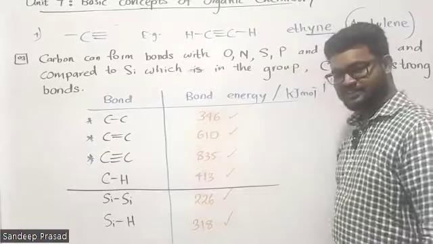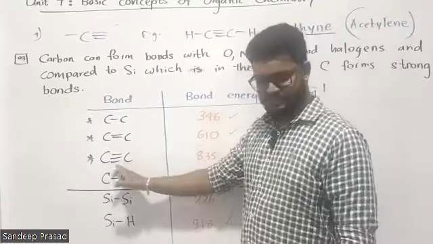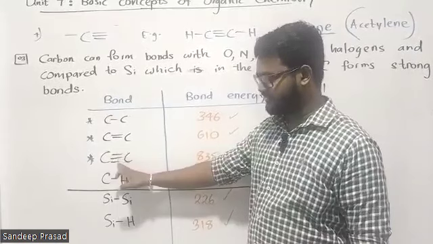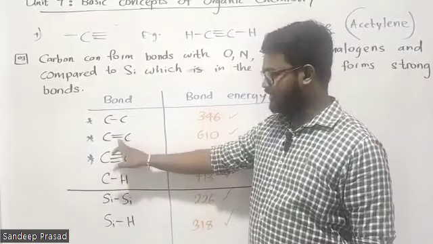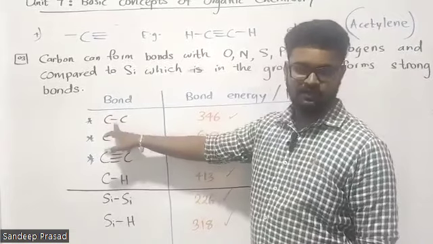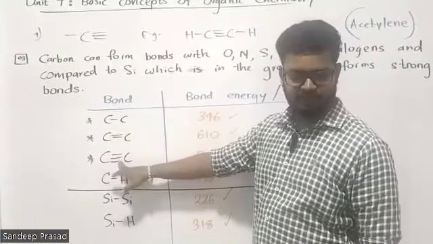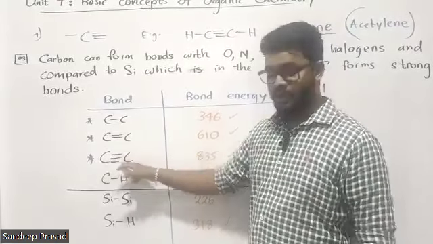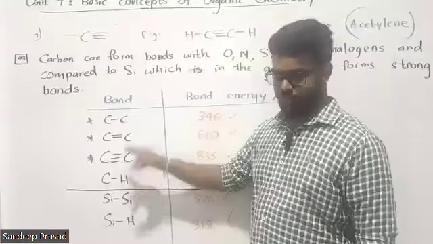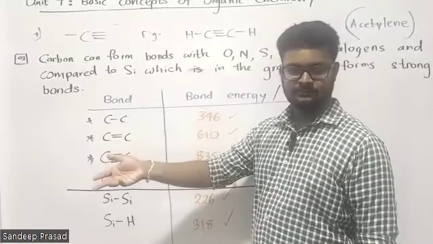Just imagine there are 3 bricks here, 2 bricks here, and just 1 brick here. To which one do we have to give high energy to break? This one. The carbon-carbon triple bond. So triple bond energy is greater.